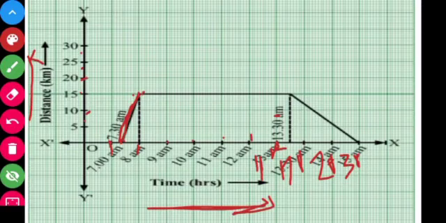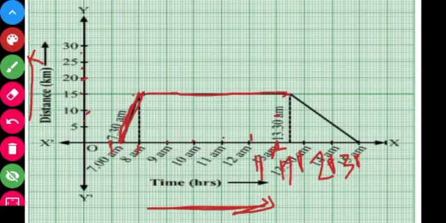If she started at 7:30, she will reach the school at 8 a.m. So from 7:30 to 8 a.m. draw up to 15 km. Now from 8 a.m. to 1:30 p.m. she stays at school, so draw a straight horizontal line because she was there only.